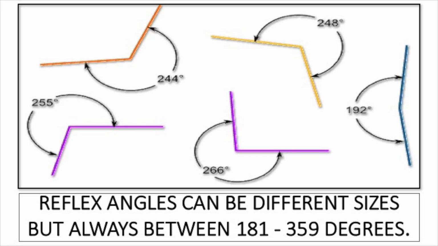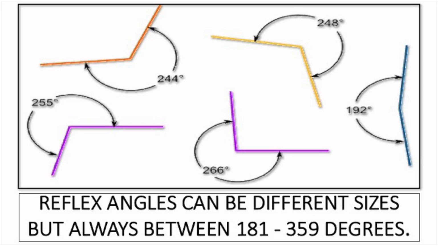Yes. And here we have, how about this one? You see how they can change the reflex angles? As long as they're more than 180 and less than 360, like this one. And finally, 192. All reflex angles, because they're all more than 180, but all less than 360.